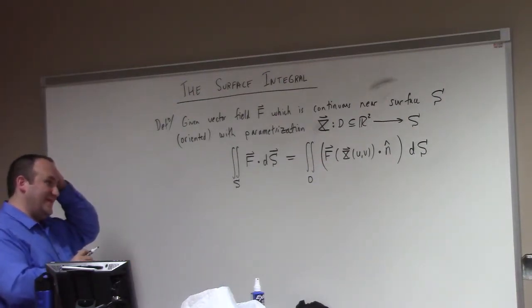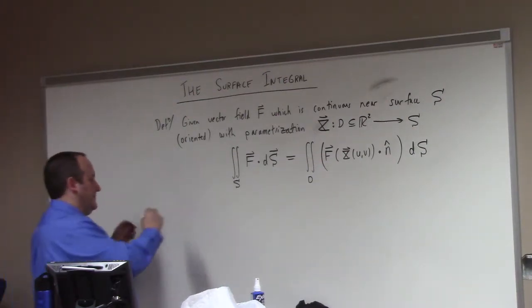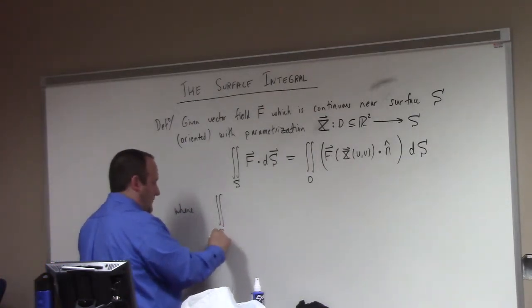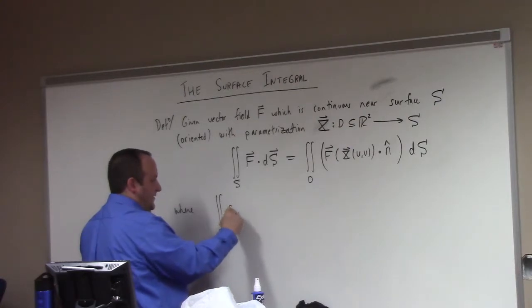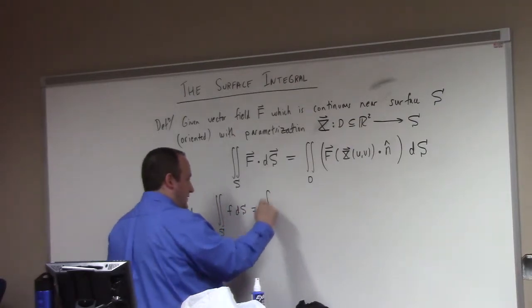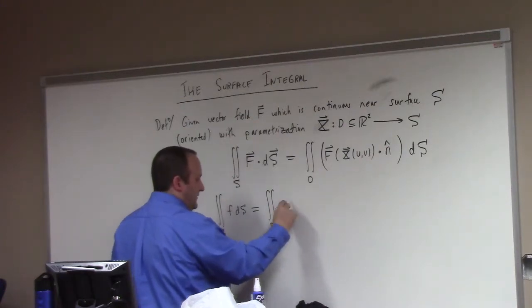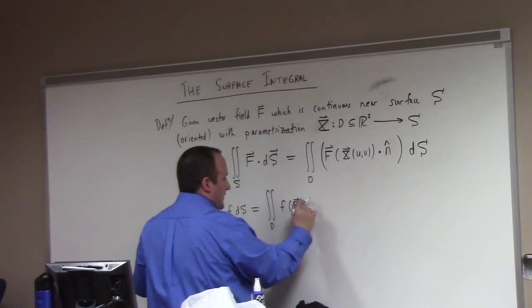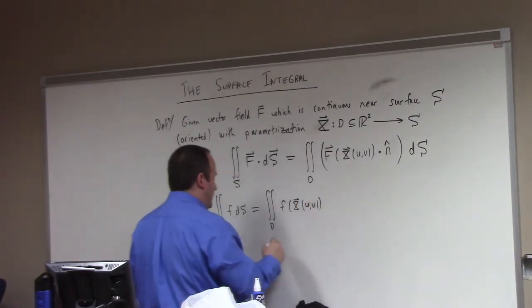Now you might wonder, what is that? An integral over the surface of a scalar function, f dS, is defined to be the integral over the domain of f of the parameterization, like this. And what's the dS?